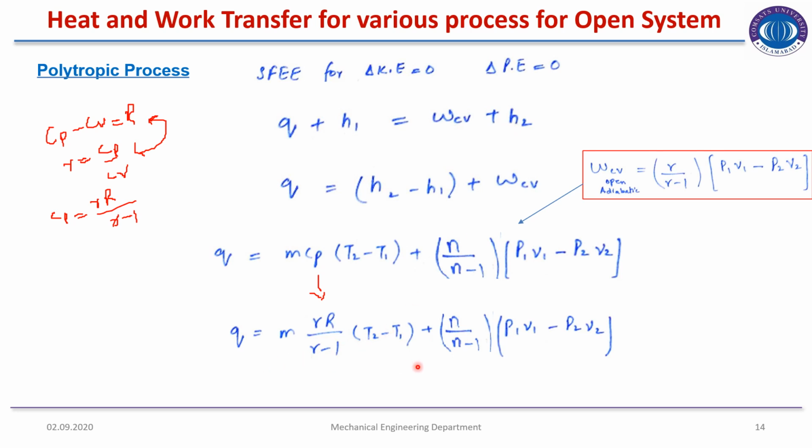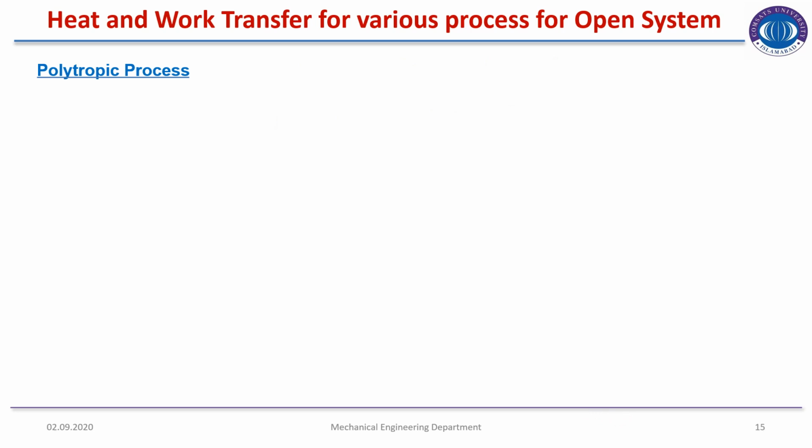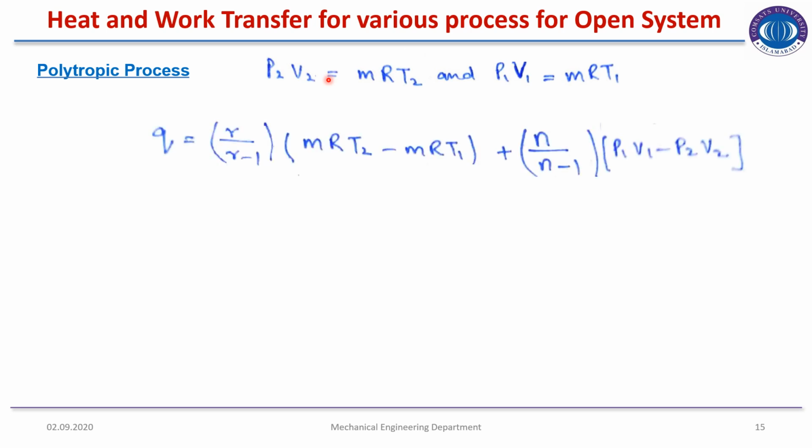All other parameters remain the same. P2 V2 is equal to mRT2 and P1 V1 is equal to mRT1. So here the PV terms are reduced to mRT2 minus mRT1 terms.